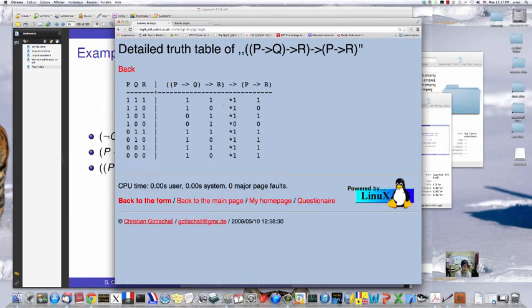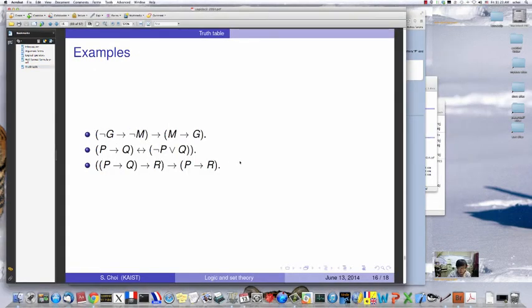Okay, so in fact this is not always true, but this case where P is true but QR is false, then this one doesn't hold. That's because this is true, but there is a case where this is true but this is false. So what happens is when R is false and so on.